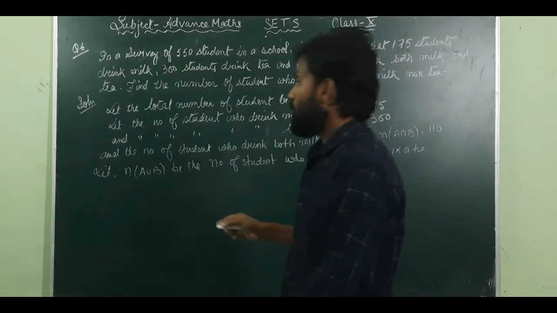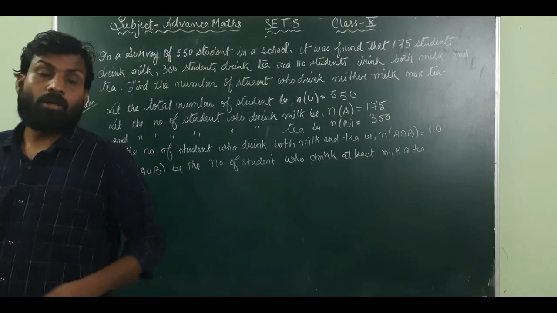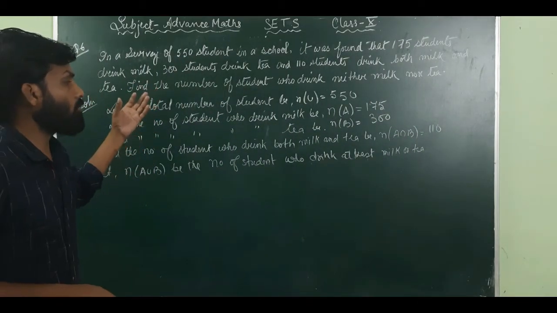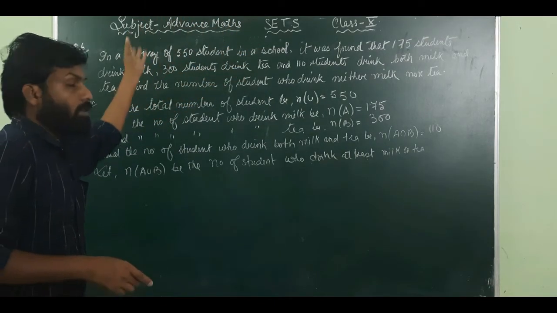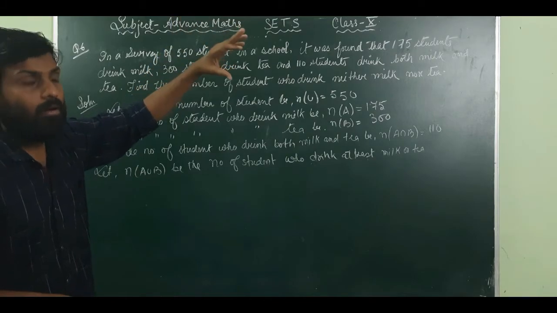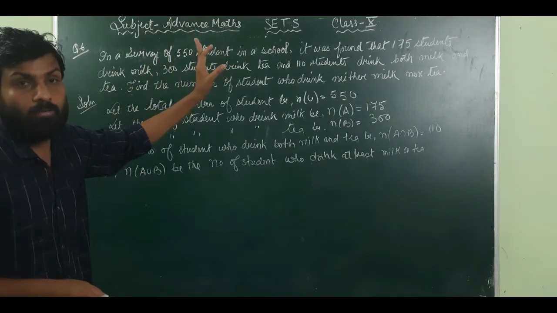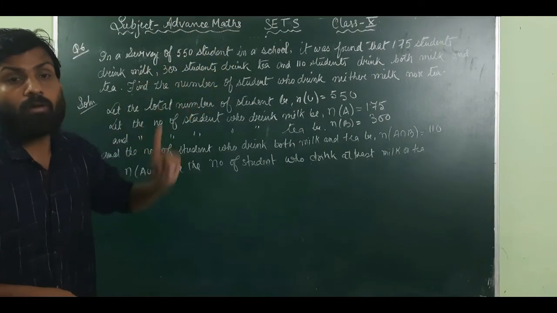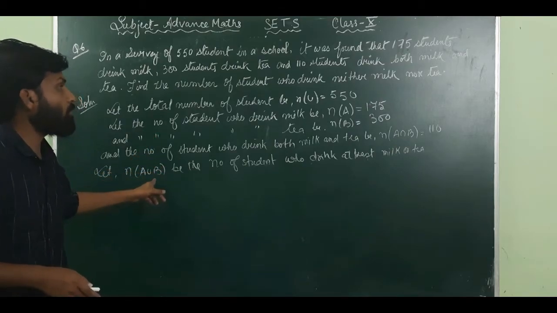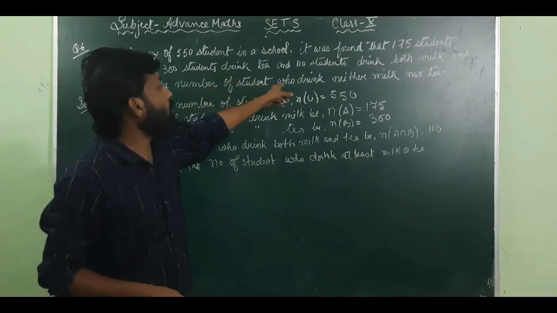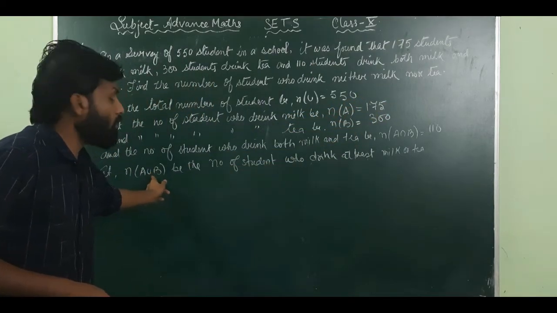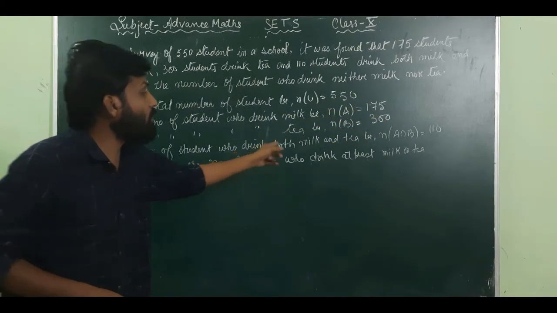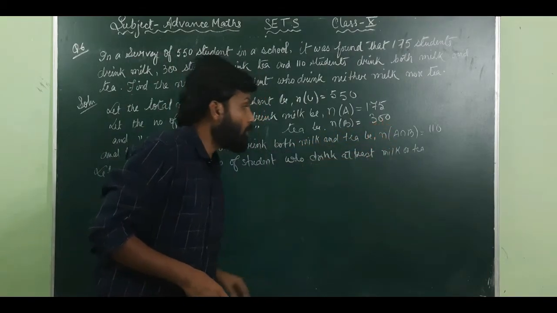So let us assume that this n of A union B is the group of students who are going to drink at least milk or tea. Means they can drink milk, they can drink tea, or they can drink both, no matter. But they will be drinking at least one of the drinks, so that will be your n of A union B. But what they are saying is that we have to find the number of students who drink neither milk nor tea. And what we are going to find out here, n of A union B, is the number of students who drink at least milk or tea here.